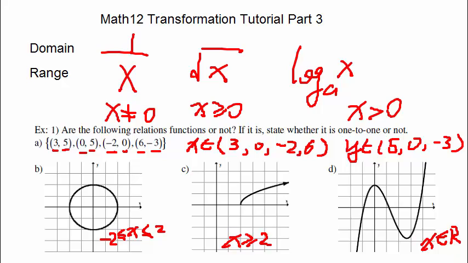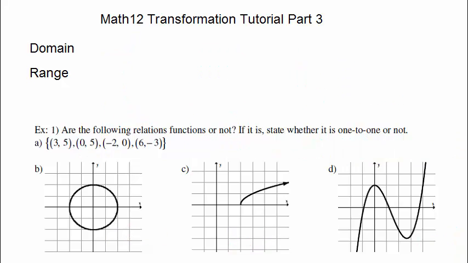Now let's talk about range. Range is pretty simple as well. Range is just what y can be. In here, the y has a maximum of 2 and a minimum of negative 2. So y belongs to less than or equal to 2 and bigger than or equal to negative 2. In here, the minimum y is 0.